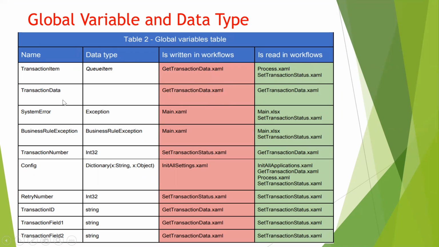Then transaction data, system error, business rule exception, transaction number, config file. The data type of this config file is dictionary. Then retry number, which will be handled by the set transaction status XAML. Then transaction ID, then transaction field 1 and field 2. So all these things will be written in the main XAML.